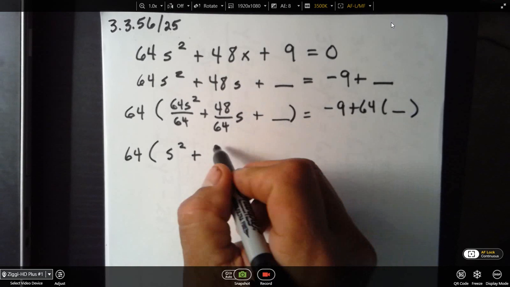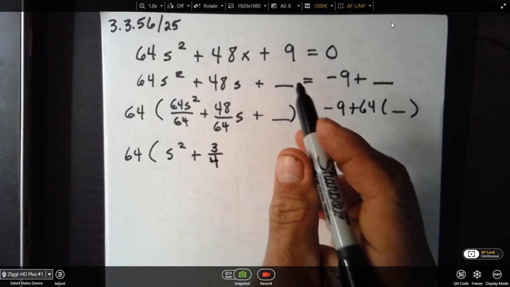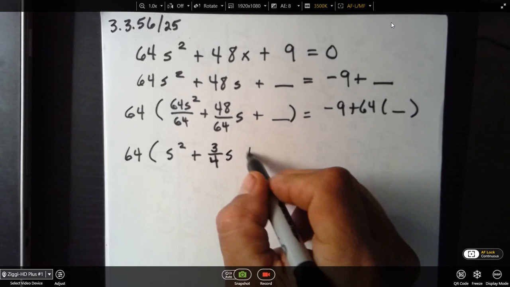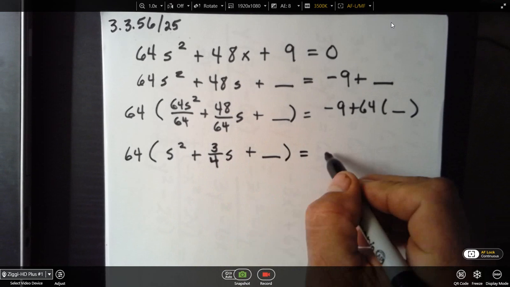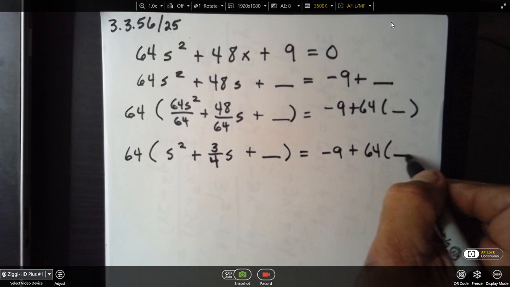I'm pretty sure that's right. 3/4 s plus blank is equal to -9 plus 64 times blank.